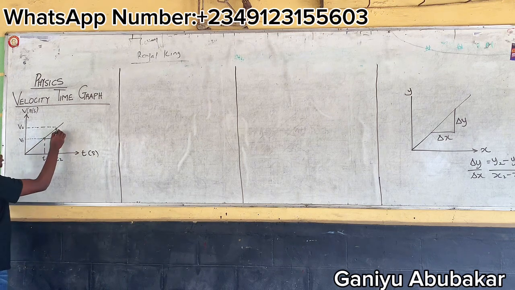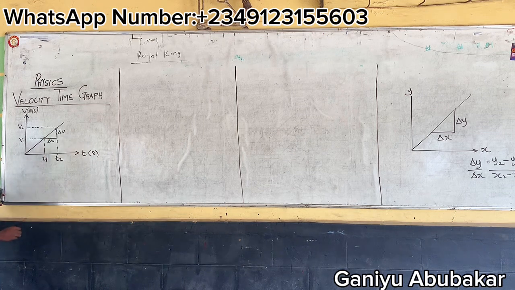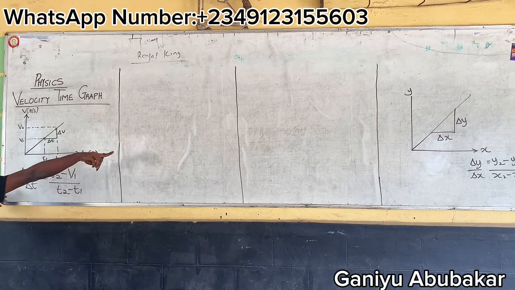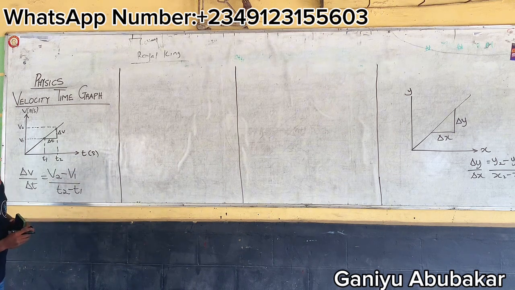So that becomes the change in v over change in t, equal to V2 minus V1 over T2 minus T1, using the concept of that graph.